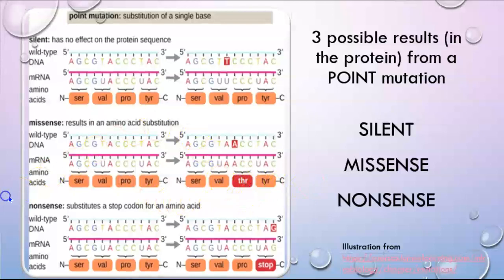So the amino acid sequence doesn't make sense. It's a missense. If you were reading this sentence, you'd say, what is that word there for, right? That's a missense or a mistake, okay?